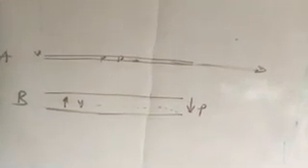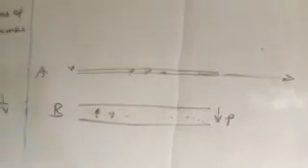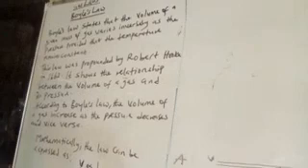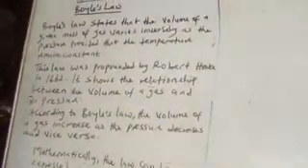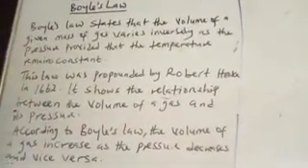So in summary, Boyle's law states that when the volume of a given mass of a gas is increasing, the pressure will be decreasing, and vice versa. In it also, you have to note that there is no temperature, because temperature is kept constant. Whenever a particular problem is given to you and you see that there is temperature, please don't use the formula for Boyle's law, because you're not going to get it right.